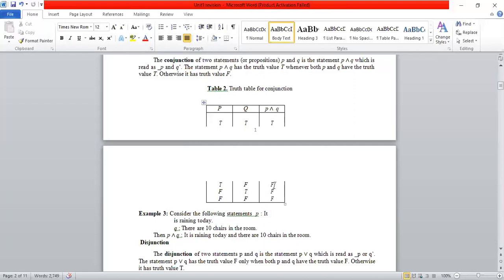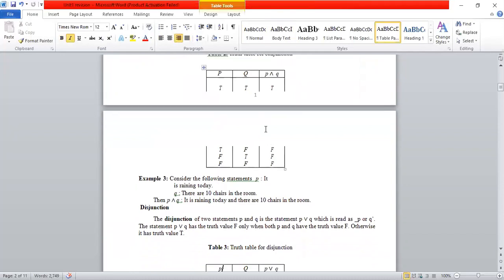So for these three cases, P and Q will have false truth value. Whenever P and Q are both true, then P and Q is also true.